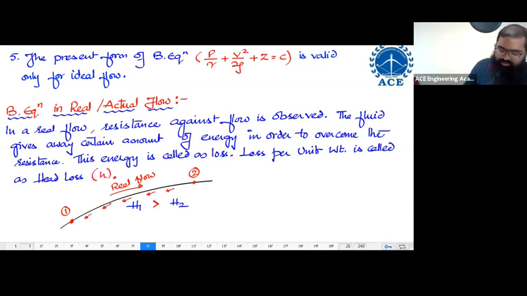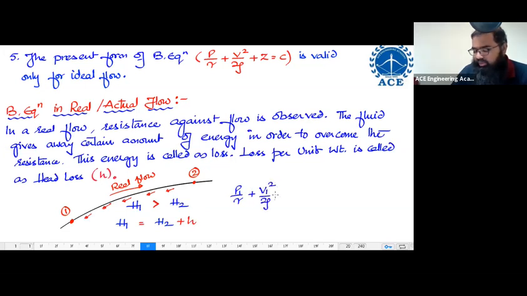In such a case, if I want to make H1 and H2 equal, I am supposed to add something over here. If I add head loss over here, they are going to become equal. So the equation now becomes P1 by gamma plus V1 square by 2g plus Z1, and over here P2 by gamma plus V2 square by 2g plus Z2.